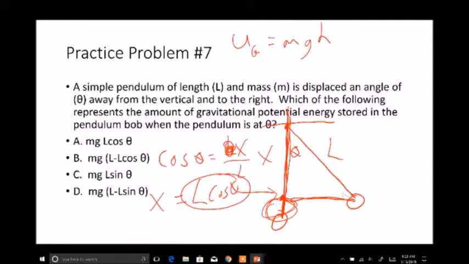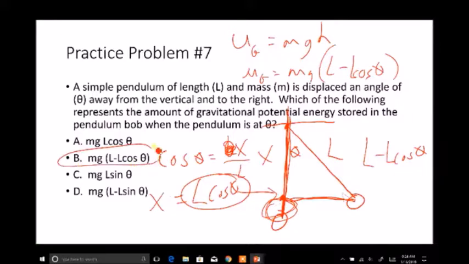So the height that it's been lifted to is going to be L minus L cosine theta. And then we're going to multiply that quantity times mg. So the gravitational potential energy is going to be mg times L minus L cosine theta. And if you look at our answer choices, answer B is going to be the correct answer here.